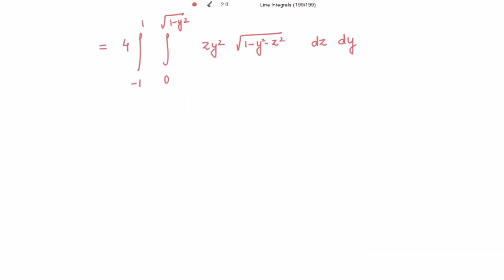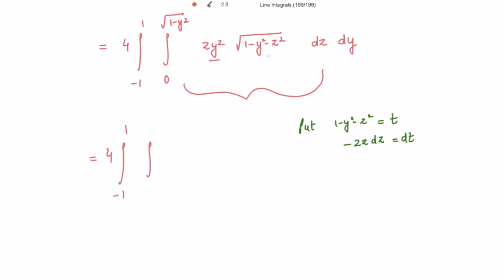Let's use the substitution method to solve this integral with respect to z. For that, put 1 minus y square minus z square equal to t. And then we get minus 2z dz equal to dt. Y square is constant for this integral, so I am writing this y square outside of this integral, and because I need minus 2z dz and I'm already having z over here, I need to multiply and divide by minus 2.